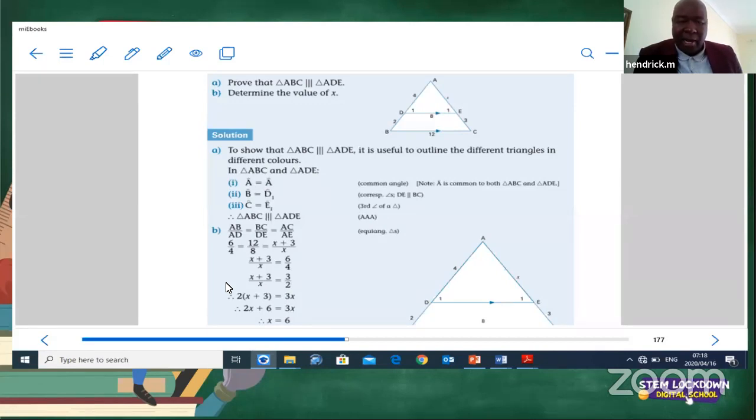Therefore, angle B is equal to angle D1. In the same way, angle C will be equal to angle E1. Again, the two are corresponding angles, because DE and BC are parallel. Thereafter, you can conclude that you have proved that all angles are equal. Then you can conclude that triangle ABC is similar to triangle ADE.